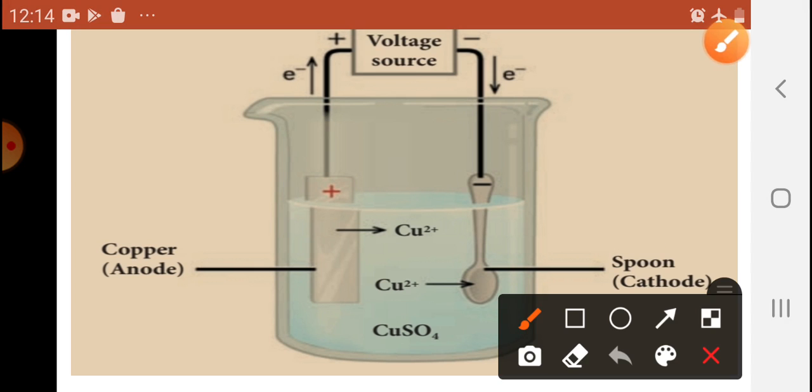So through chemical reactions, the copper from the copper plate is deposited on the spoon. Whatever amount is lost here is deposited there. So this is nothing but one activity related to electroplating.